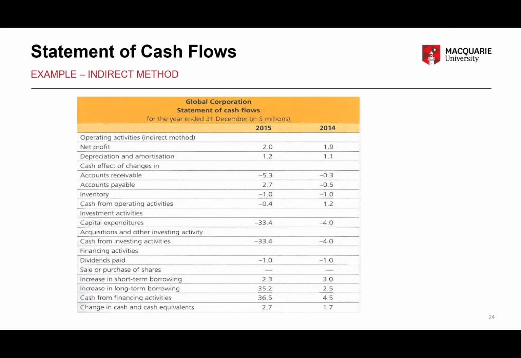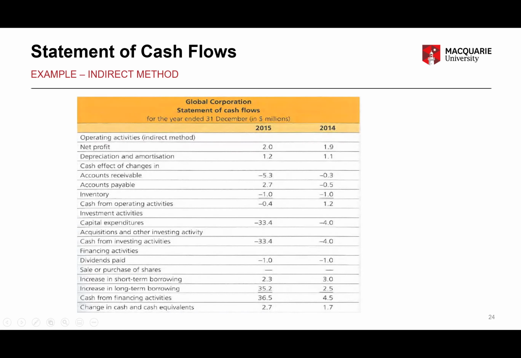Same with payments to suppliers. We can still construct our cash flow statement even if we don't know what those cash flows were, and we can do it by adjusting the net profit. You notice what we're starting with here in the indirect method is the figure from the income statement, and then we adjust it for items to try and find the cash flow.